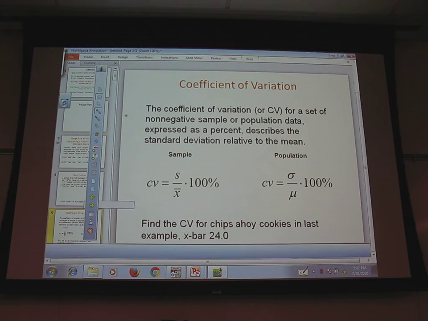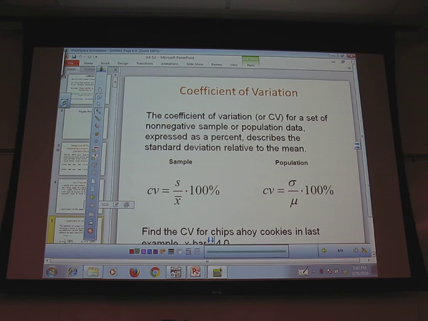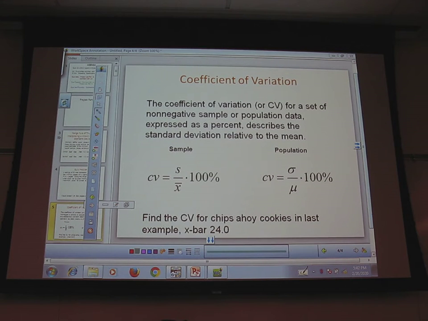Coefficient of variation. Go ahead and read. The coefficient of variation, or CV, for a set of non-negative sample or population data expressed as a percent, describes the standard deviation relative to the mean. Yes. So remember, this is the idea of what percent of the whole is your standard deviation.